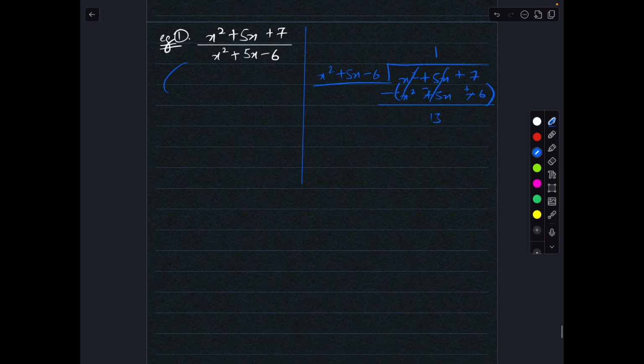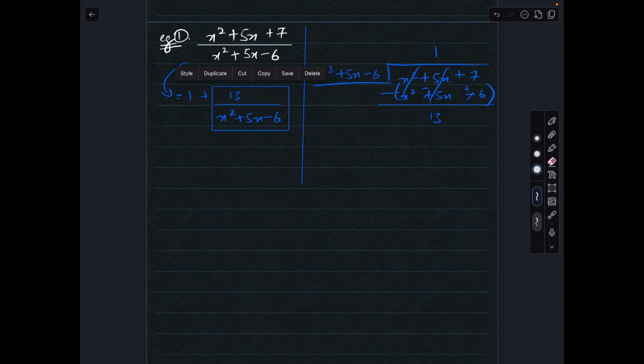And we move on. So I can rewrite this whole fraction as 1, that is the quotient, plus 13 over x squared plus 5x minus 6. Notice how this is similar and how this is different from writing mixed numbers. So 13 over x squared plus 5x minus 6 is my partial fraction part.